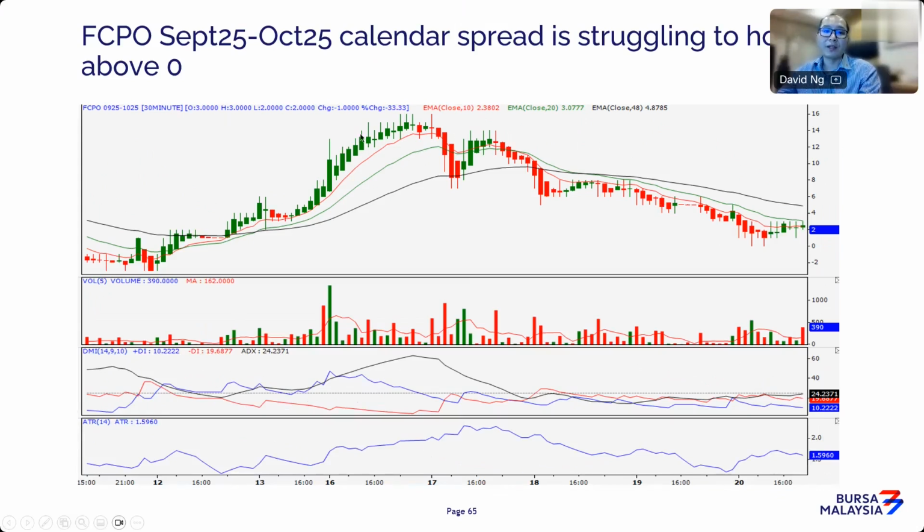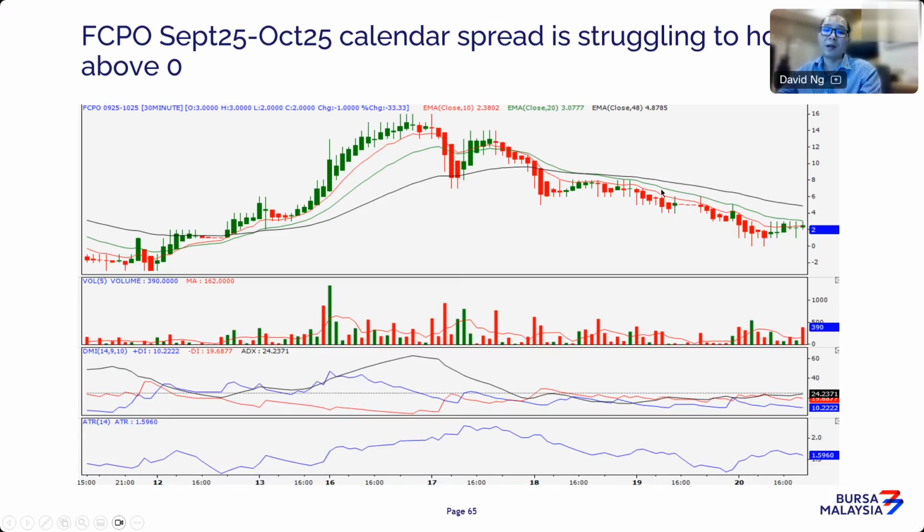So this is where the September, October calendar spread is. I think it broke below 0 as of the last couple of days. So if you are looking at the September, October spread, crucially you need to understand that if it doesn't break above 0, this spread can continue to be on a downward momentum.